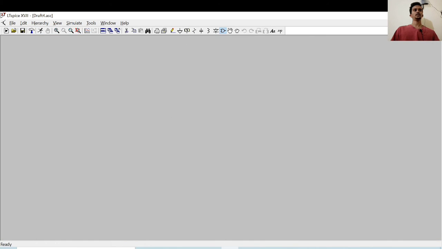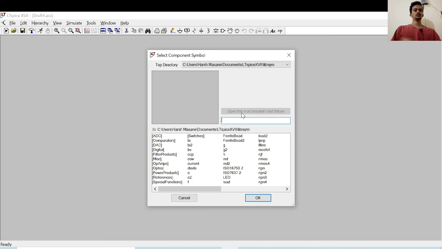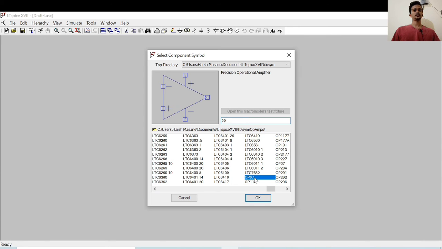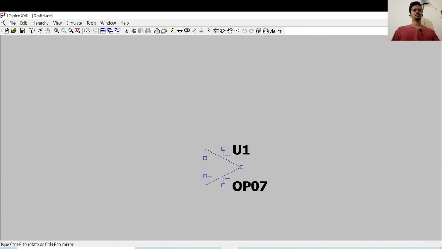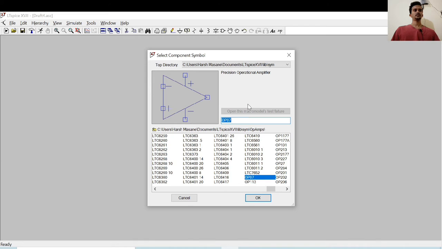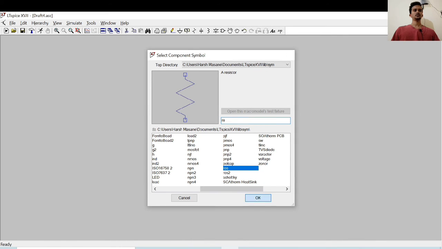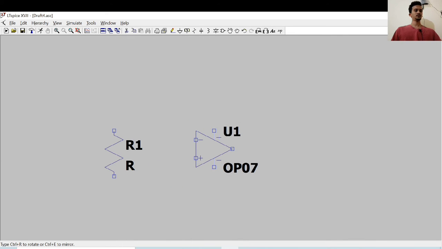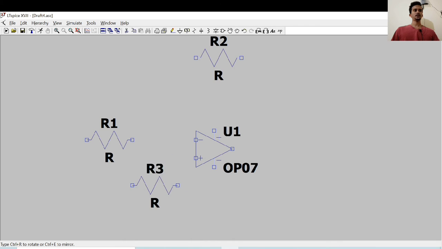So we will take the component OP07, then we'll take resistors. Here we require this as my R1, here will be my RF, and the RCOM resistor.